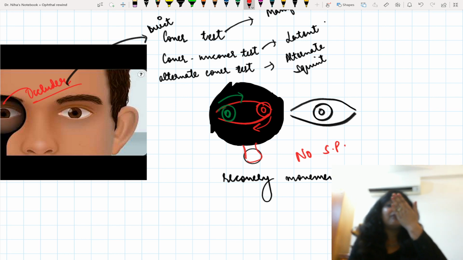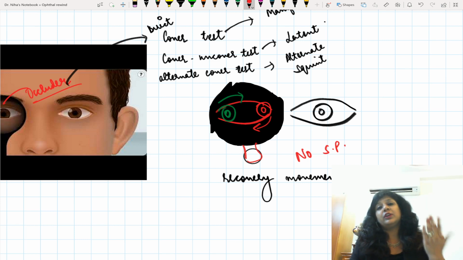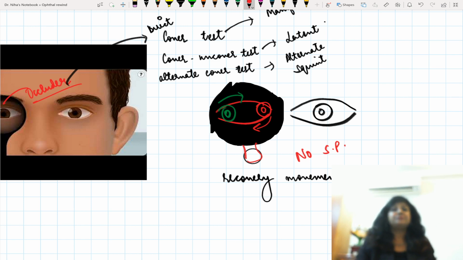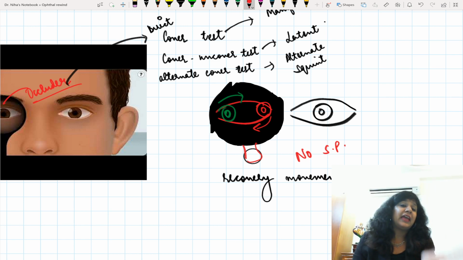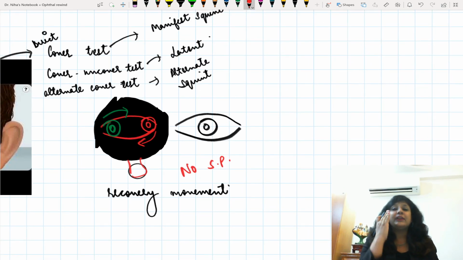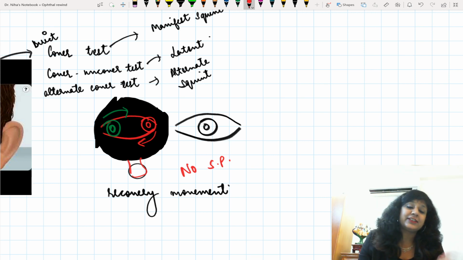With the help of this cover uncover test, and the same procedure repeated on the other side, we are able to diagnose whether there is a latent squint, and whether it was ESO or EXO. This is your cover uncover test. If you are doing it alternately, it is also called the alternate cover test.